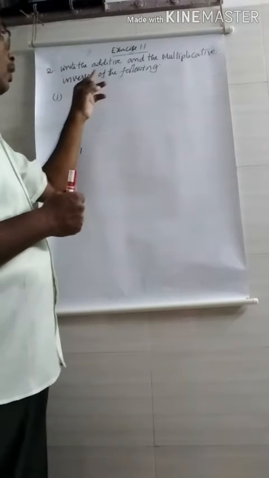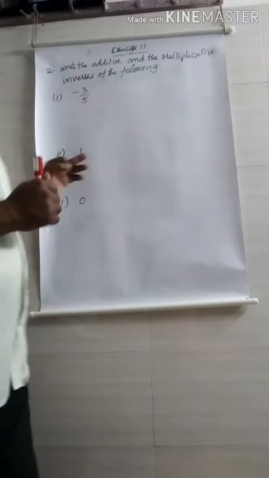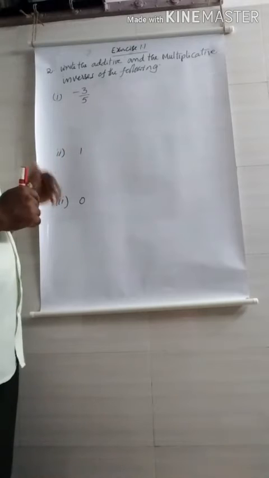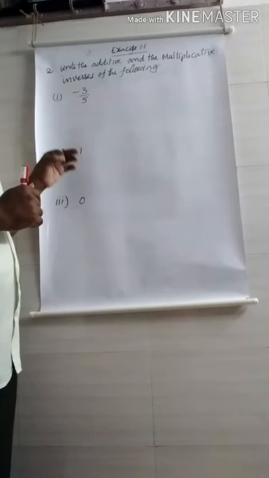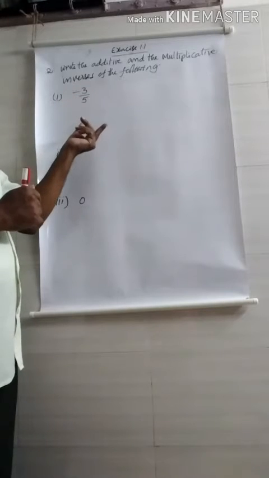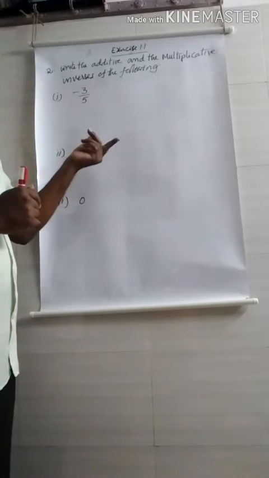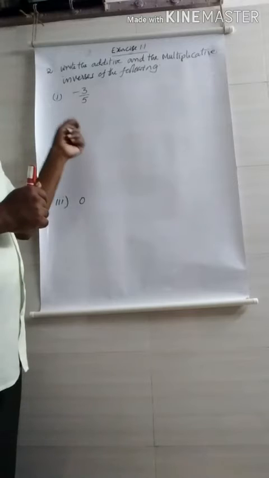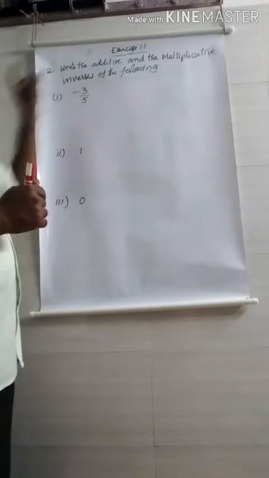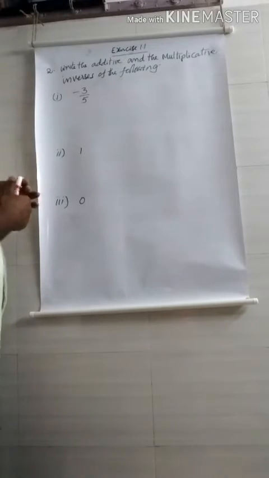Here, what we need is the inverse. That means, what is the given rational number? Minus 3 by 5. You add one more integer to the minus 3 by 5, then you get 0, then the written rational is an additive inverse to the given one.